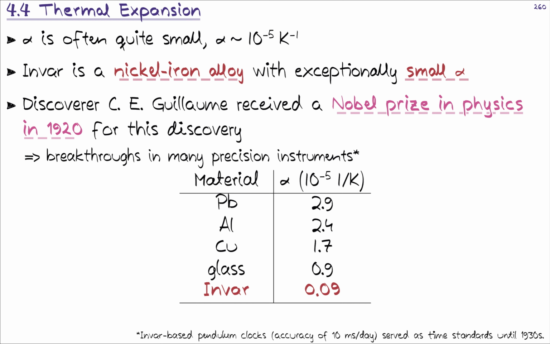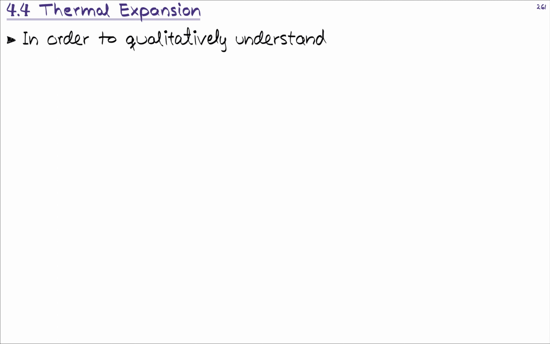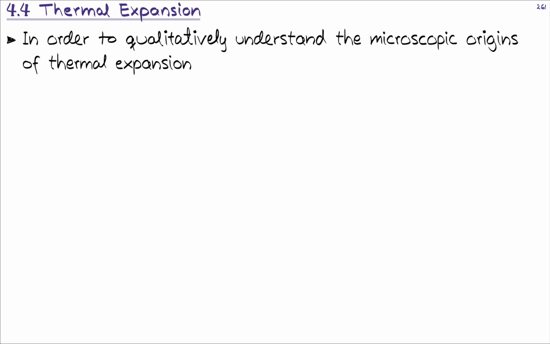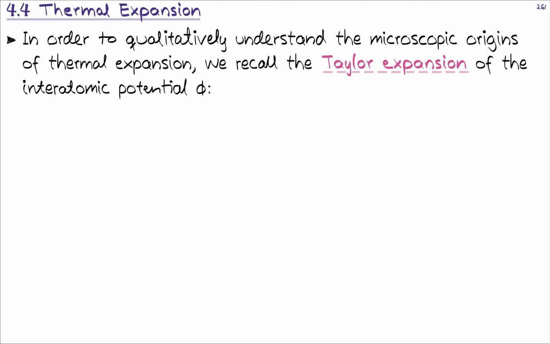And next, what we will do is start looking into the microscopic understanding of what happens. In order to at least qualitatively understand what happens in terms of thermal expansion, we will start looking into the interatomic potential. We will make a Taylor expansion of the potential, and we have already done this.